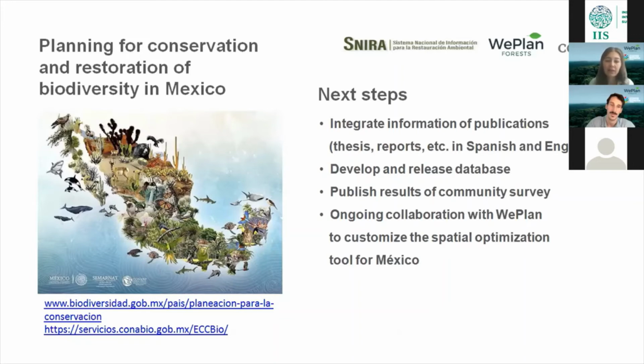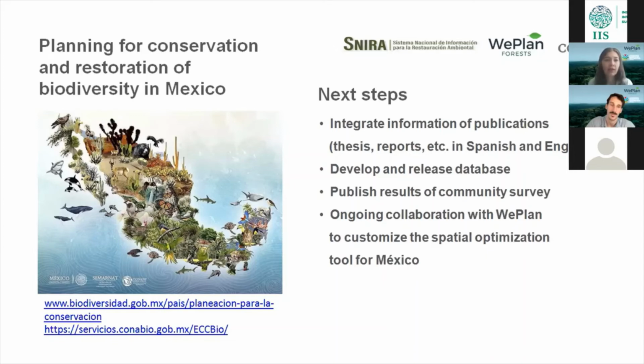Similarly, the WePlan outputs, or the results we will obtain with this collaboration, will be used to guide bottom-up approaches, but also top-down projects, which are mainly at a greater spatial scale. So from the backyards of different Mayan communities to large landscape approaches. And of course, they will also be used once we have a national restoration strategy.